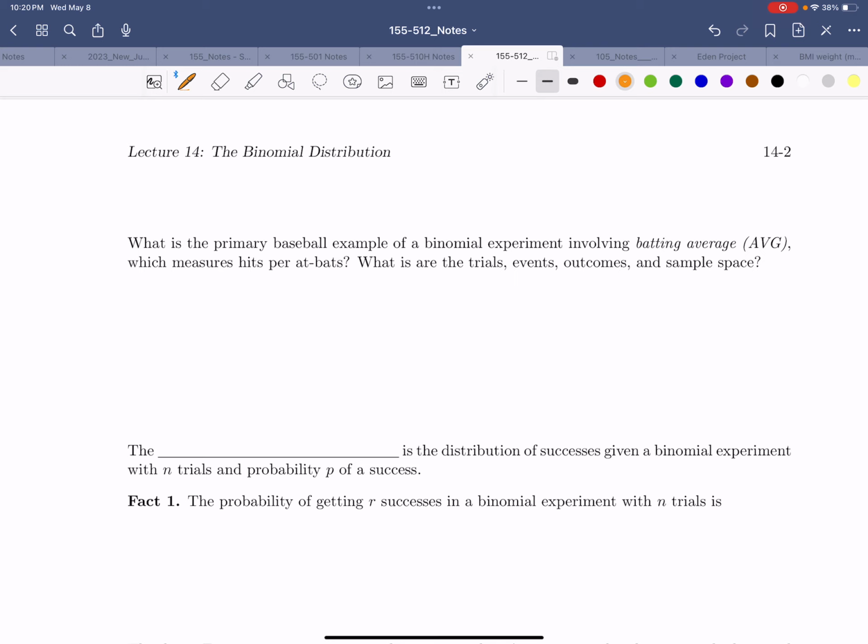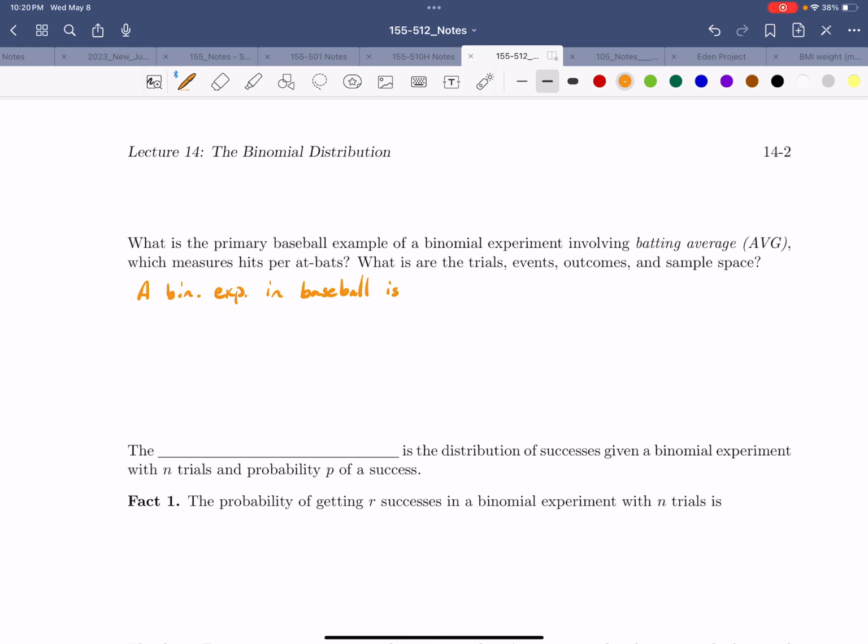So, a binomial experiment in baseball is an at-bat, or AB. Or I guess I should say, a binomial experiment in baseball is not even just one at-bat. That's a trial.